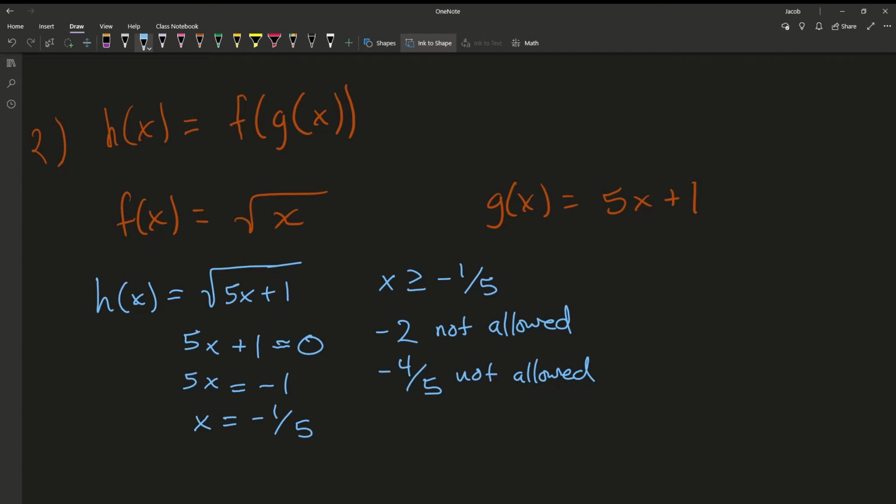So you can check that, but it's really important to note that you can have a 0 under a radical, just not a negative number. So the domain here is going to be including negative 1/5 and then going towards infinity.